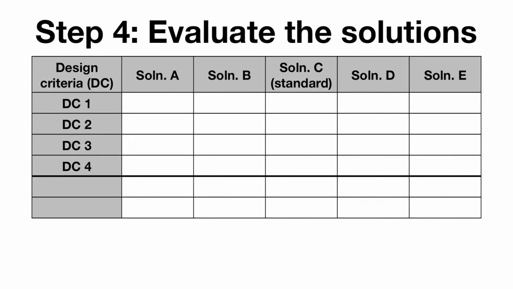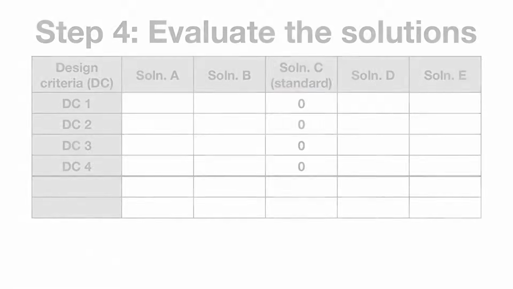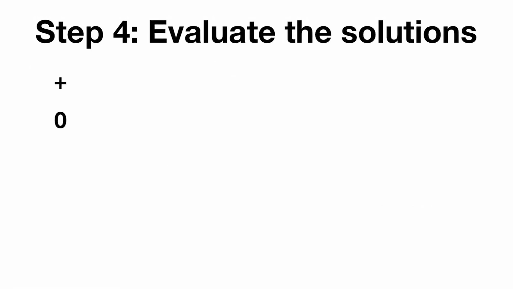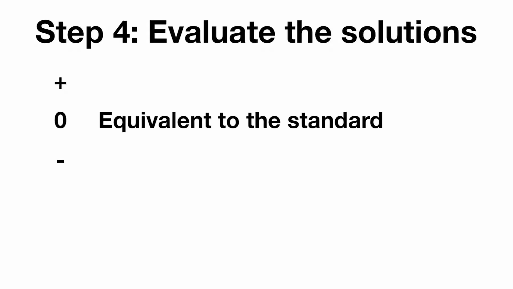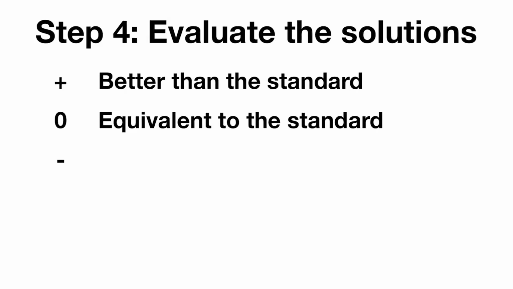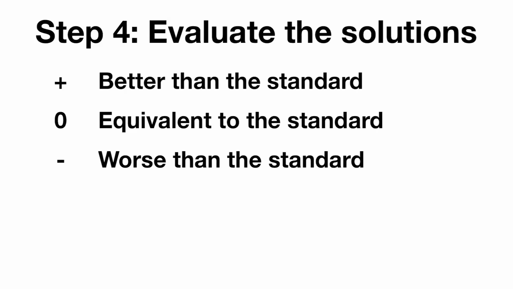The fourth step is to fill in the screening Pew matrix using plus, minus, and zeros. You'll give the standard or reference solution a 0 in all the design criteria. And then all the other boxes you'll fill in with either a 0, a plus, or a minus. Where a 0 is equivalent to the standard, a plus is better or improved relative to the standard, and a minus is worse than the standard.